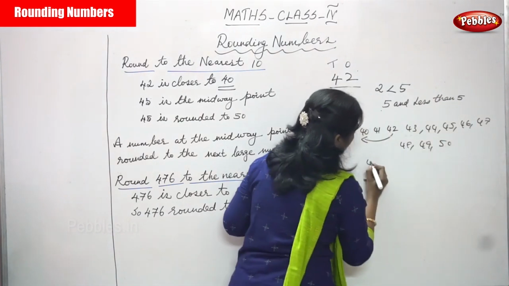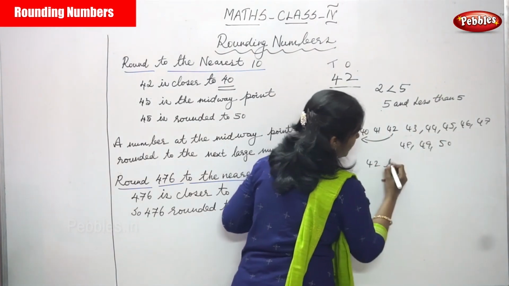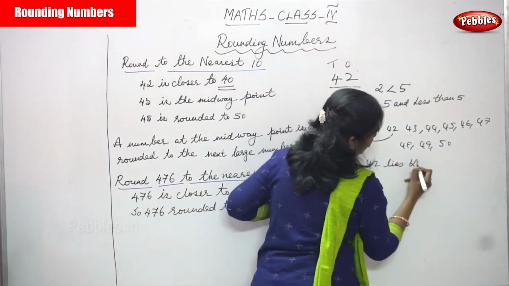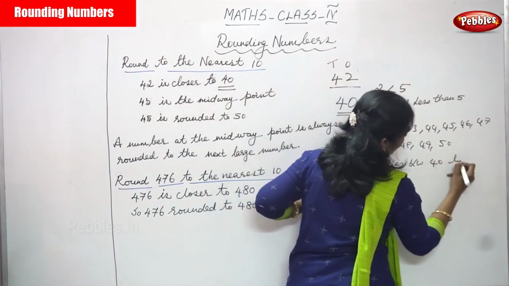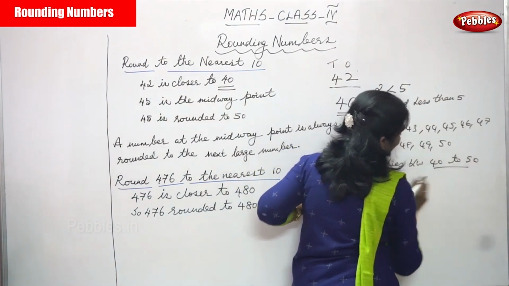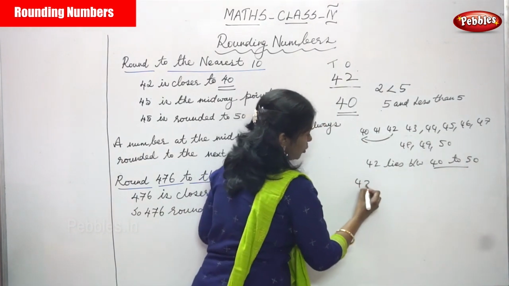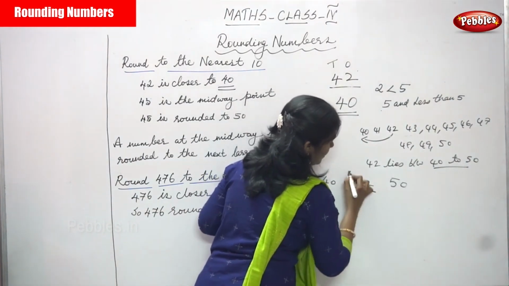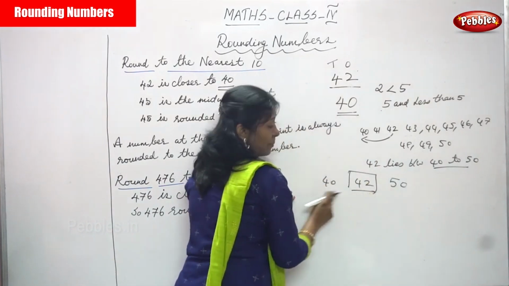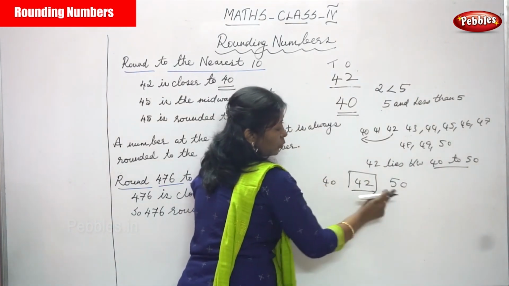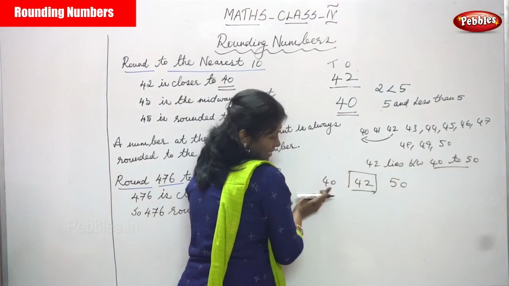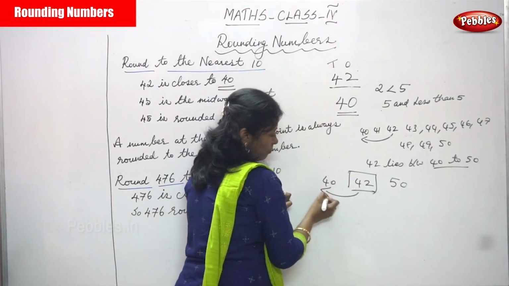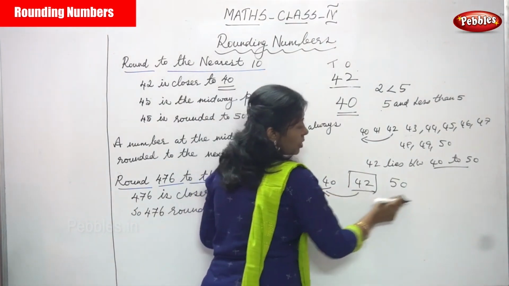So this number 42 lies between 40 and 50. For the closest number you have to move this side; you should not go to that side.